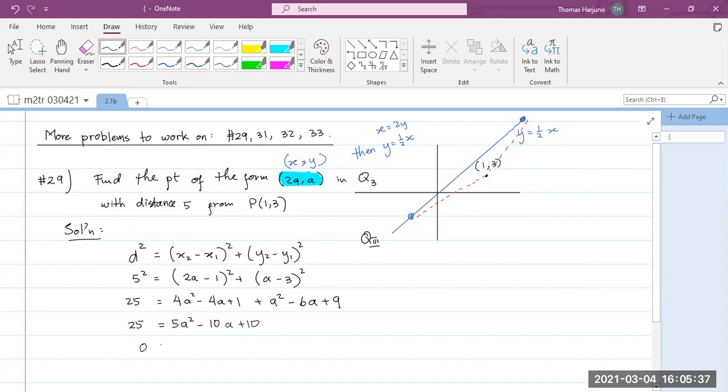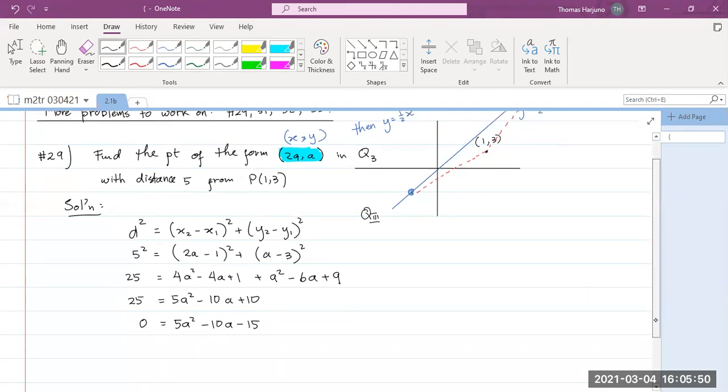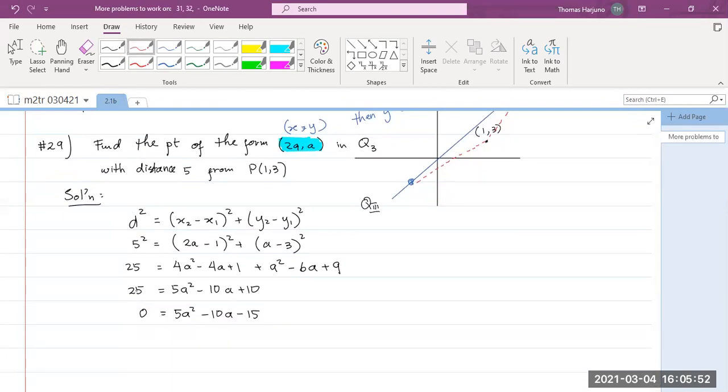Subtract by 25 because it's now a quadratic equation, right? And notice that each term is a multiple of 5, right? So let me divide by 5. This is basically factoring 5 out.